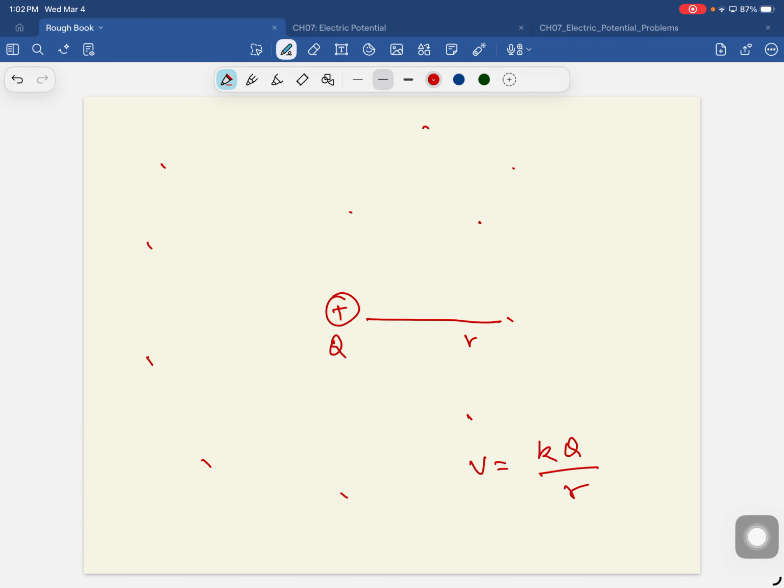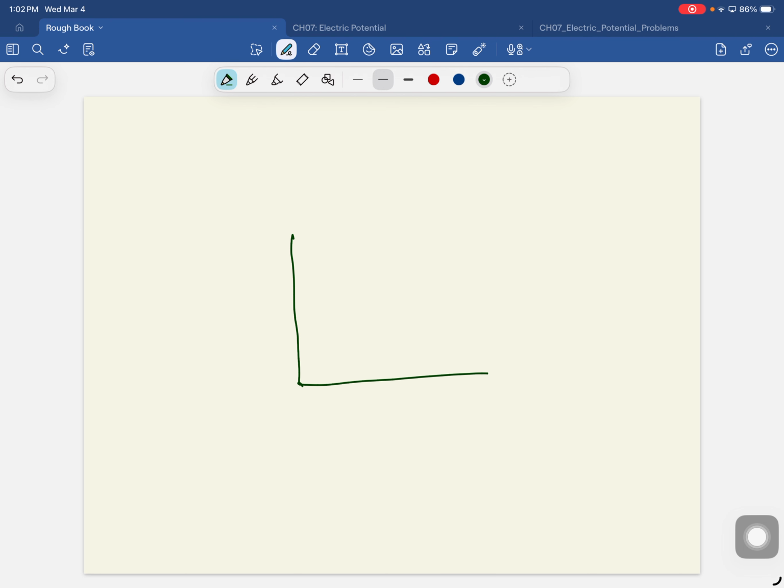So here are spherical polar coordinates. And by the way, physicists and mathematicians use slightly different notation.